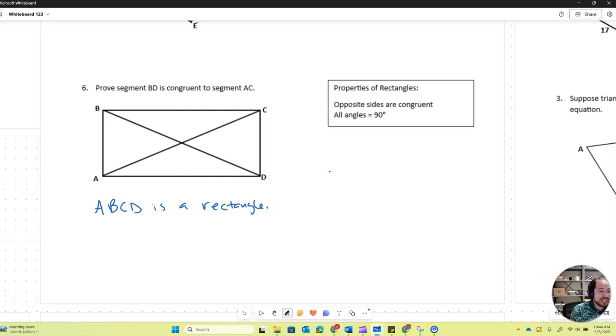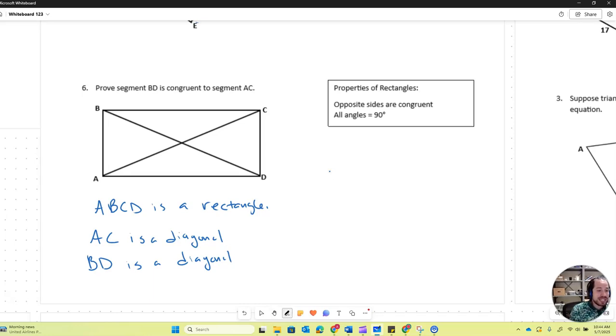Since ABCD is a rectangle, AC is a diagonal. It goes across, it cuts through and connects 2 non-adjacent vertices. BD is also a diagonal. You can see it goes across and connects 2 non-adjacent vertices.